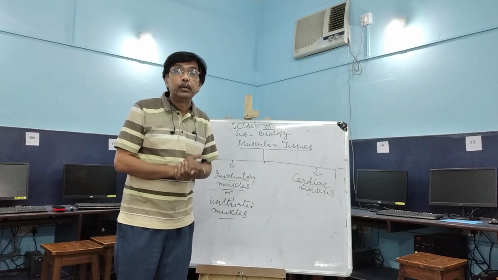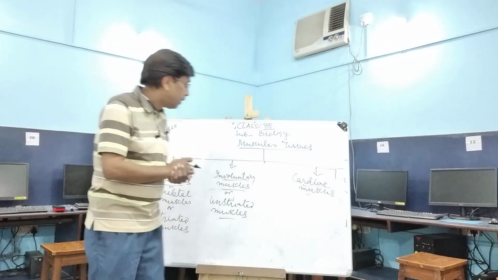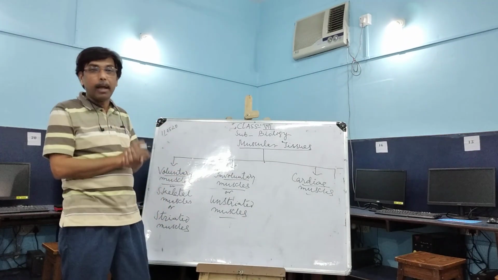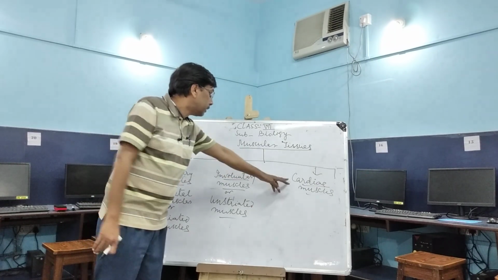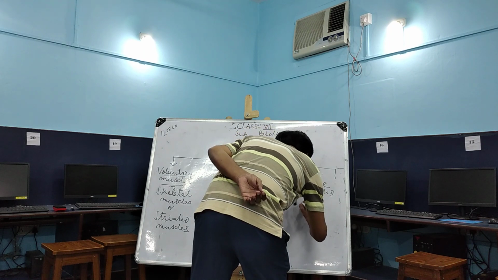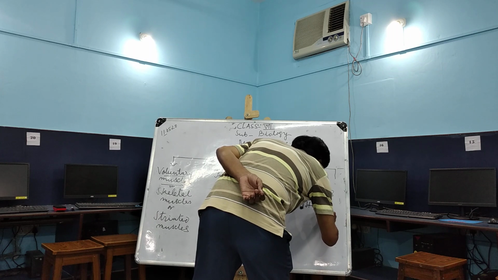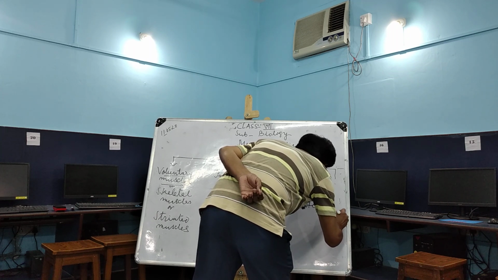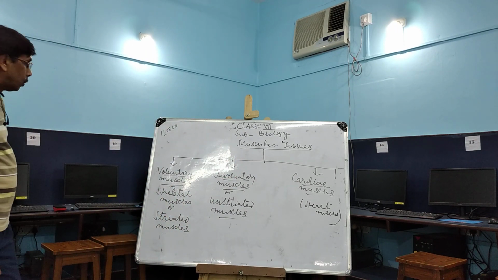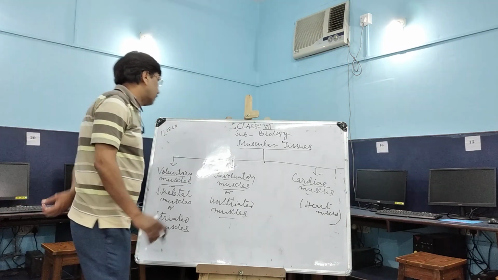These muscles do not get fatigued, that means they do not get tired, because the heart is pumping blood throughout our lifetime. So cardiac muscles are found only in your heart. So there are three types of muscular tissues: voluntary, involuntary, and cardiac muscles.